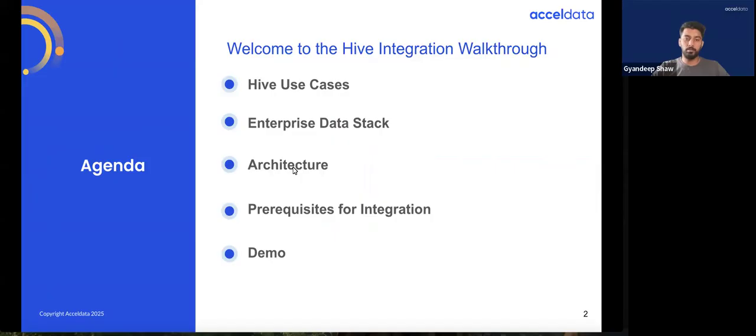Then, what are the different enterprise data stacks where Hive comes into the picture, and the architecture of Data Observability Cloud, where Hive comes into the picture, the prerequisites of this integration, and then a quick demo of the steps to add Hive as a data source in this platform. So without further delay, let's get started.